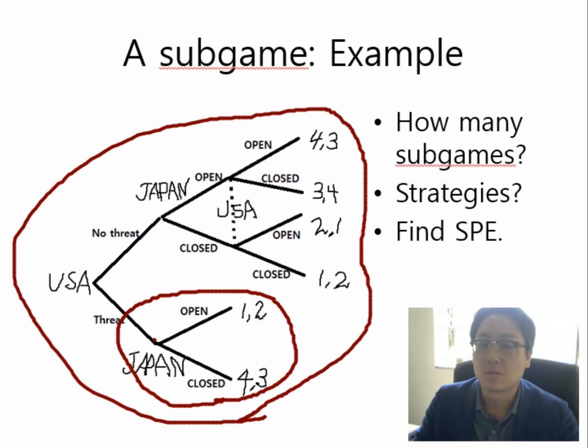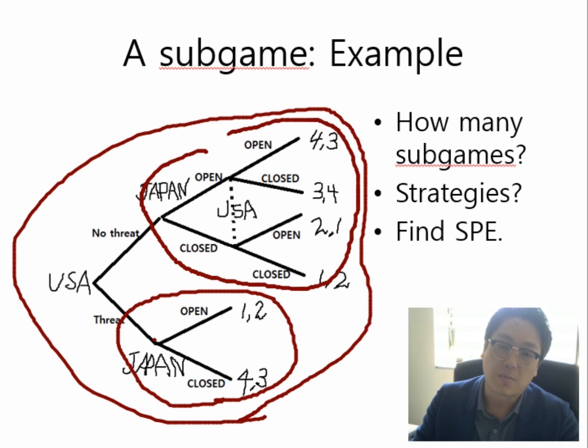So this is another subgame, because the player cannot distinguish between these two nodes. This cannot be cut. But here, once this node is played, then this will be played as a subgame. So here there are 3 subgames: 1, 2, 3. The other one is for your quiz.